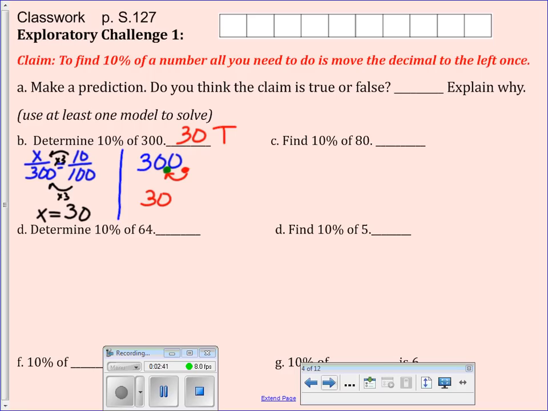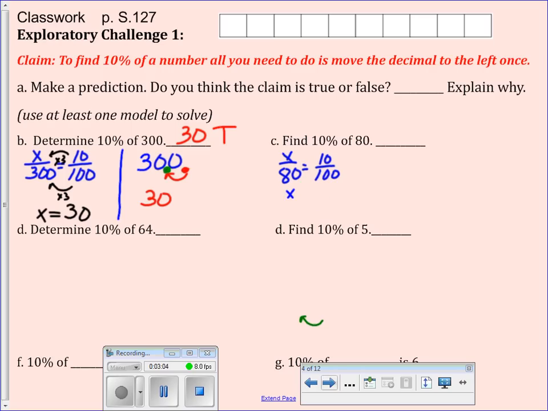All right, so let's try C. So how much of 80 is equal to 10%? So what is x? Can I do that? No. So what do I have to do?